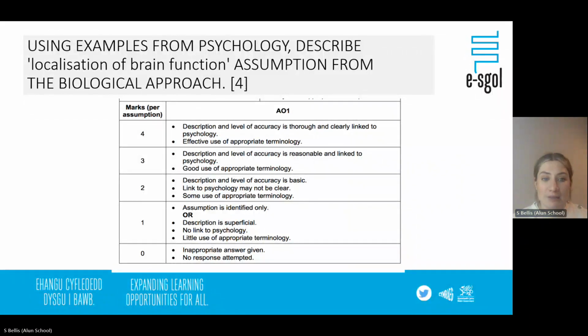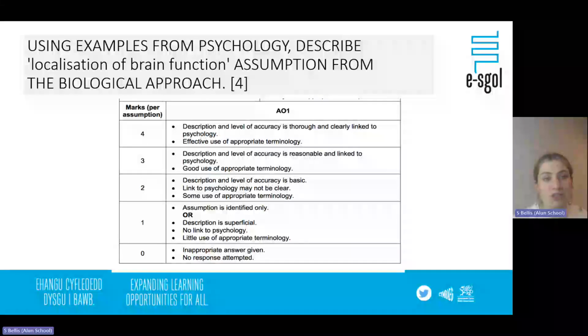An effective use of terminology. The link to psychology, that's where your example comes in. Wherever it says linked to psychology, that's the serotonin, that's the dopamine, that's Broca's aphasia, that's Wernicke's aphasia, that is altruistic behaviour, and that's EEA. That's where it links to psychology.